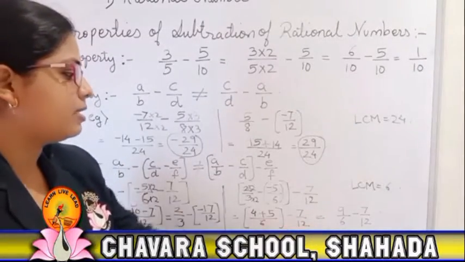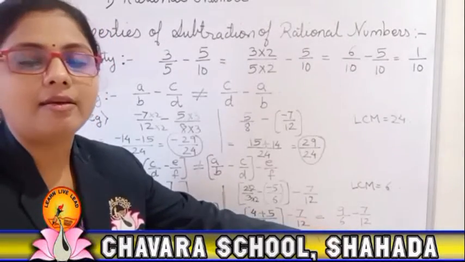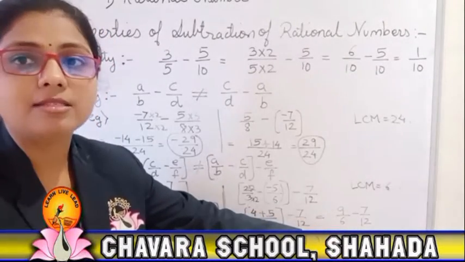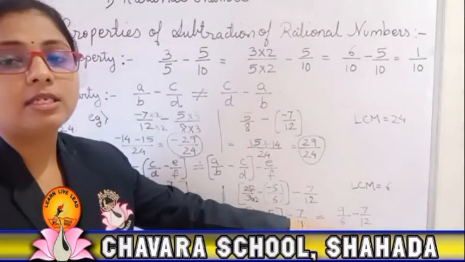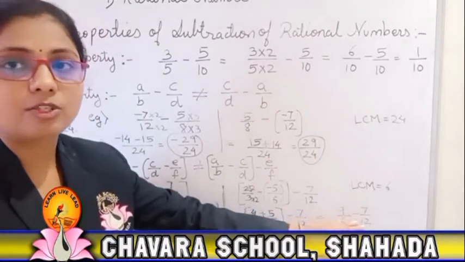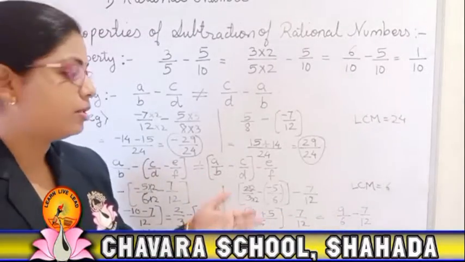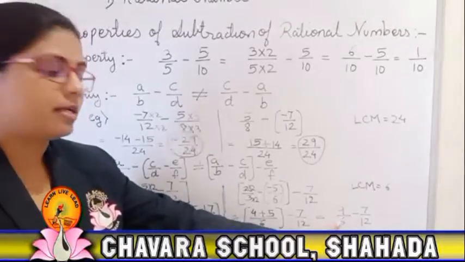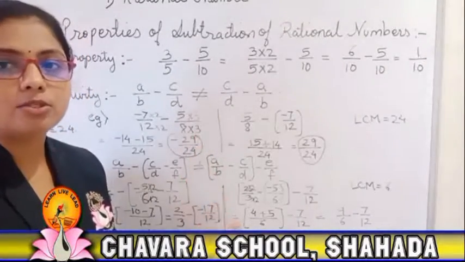Now the next part, 6 and 12 are there, so we again have the LCM as 12, because the denominators are 6 and 12. We have to find the LCM to make the subtraction.